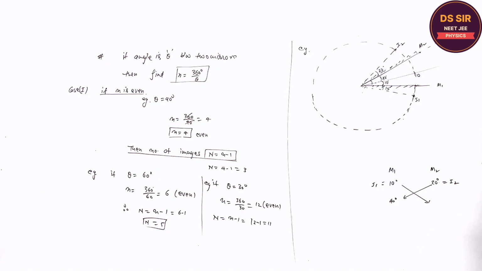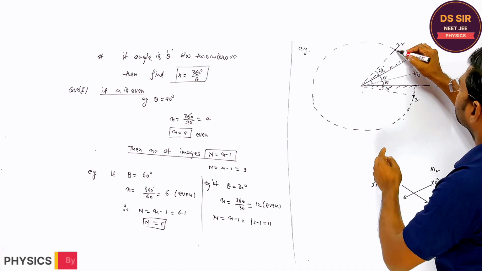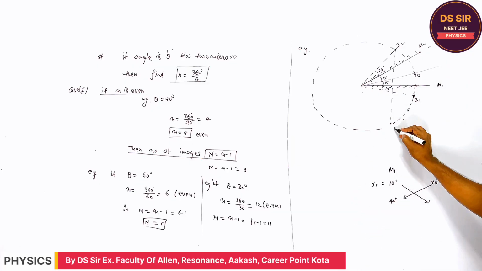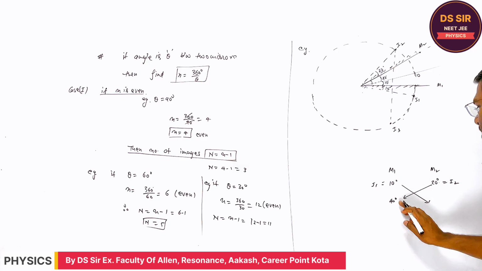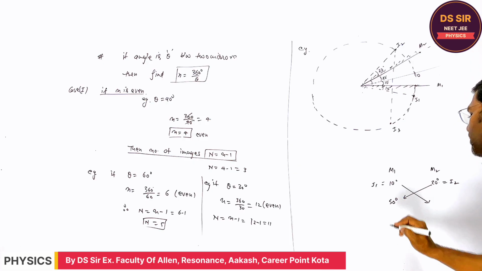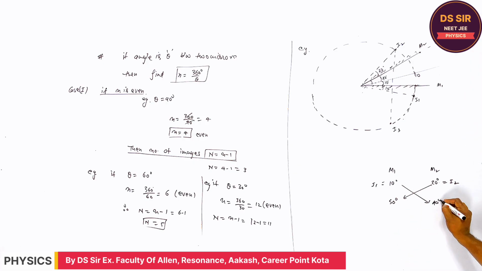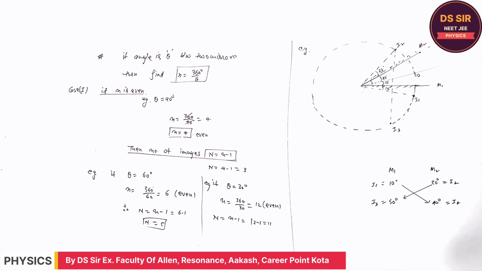The next image: this image acts as the object, and its image is formed over here. This is I3, and 10 plus 30, sorry, 20 plus 30 is at 50 degree, and 10 plus 30 is at 40 degree. So this is the position of I4 and this is the position of I3. Is it clear or not?